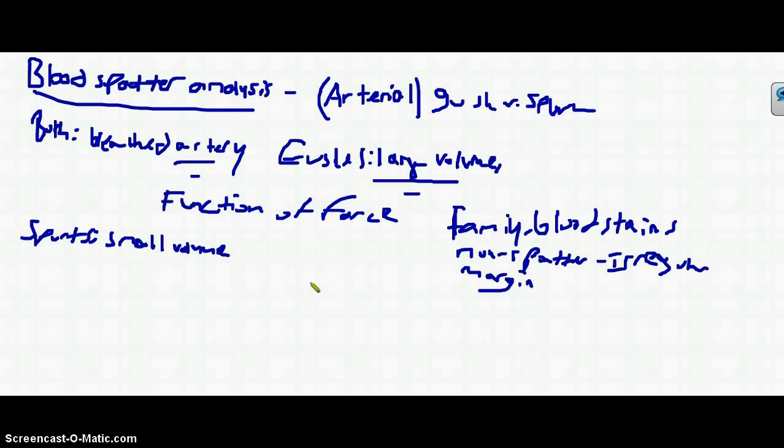So basically, even with gushes, it just becomes the large volume loss and large elliptical spatter. There's going to be a large one like this. We'll put this over here. It's not going to be like a single dot like this, but it's going to be a large amount of blood loss over here.